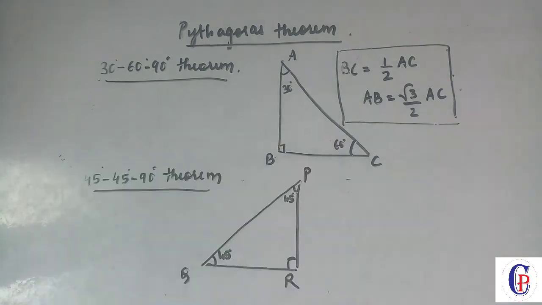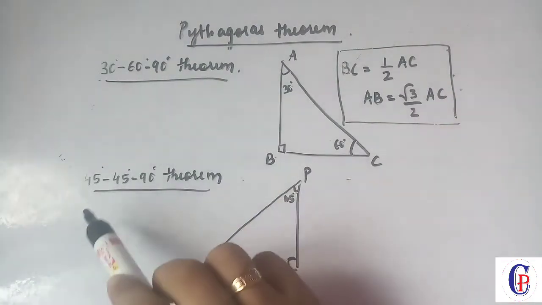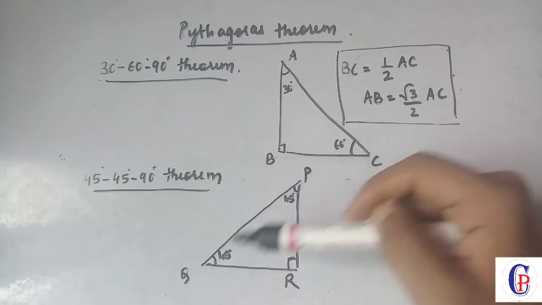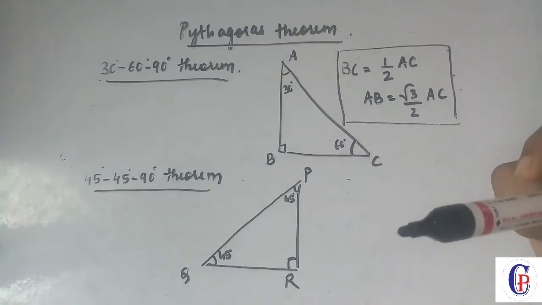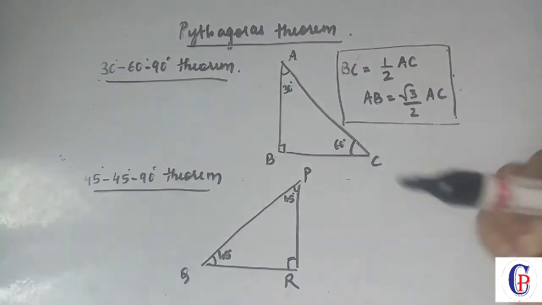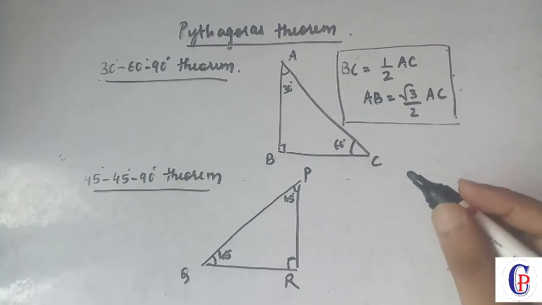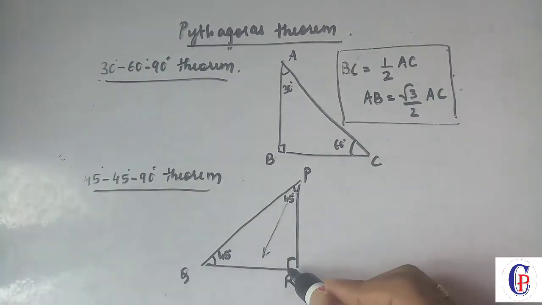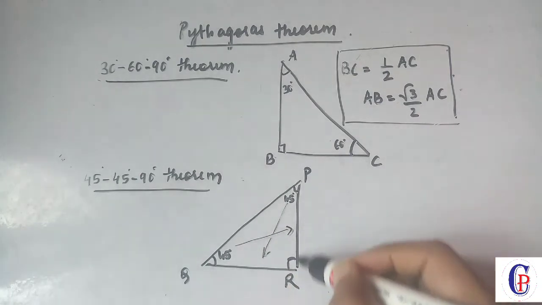So the same applies for the 45, 45, 90 degree theorem. A triangle is given to you which has 45, 45, 90 degree, and we have to find the relation of its sides. Now it says here that the side opposite to 45 is this side, that is QR, and also this side, which is PR.